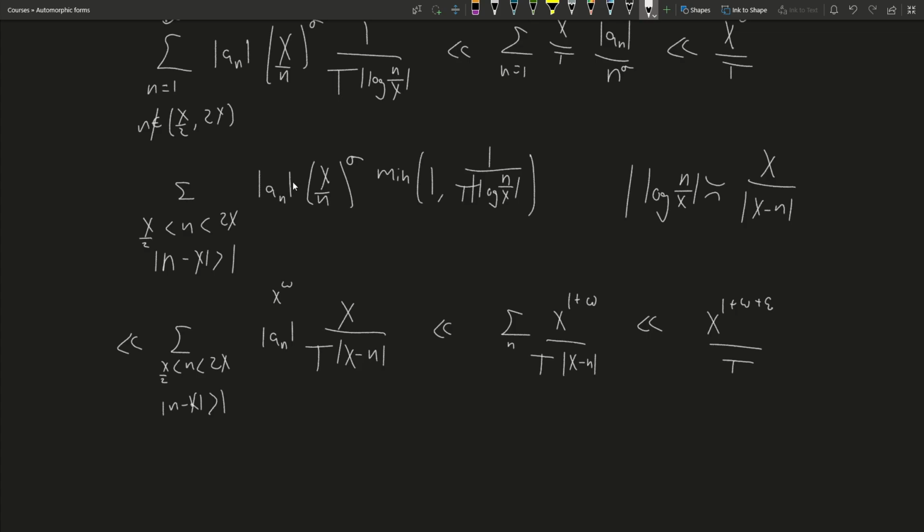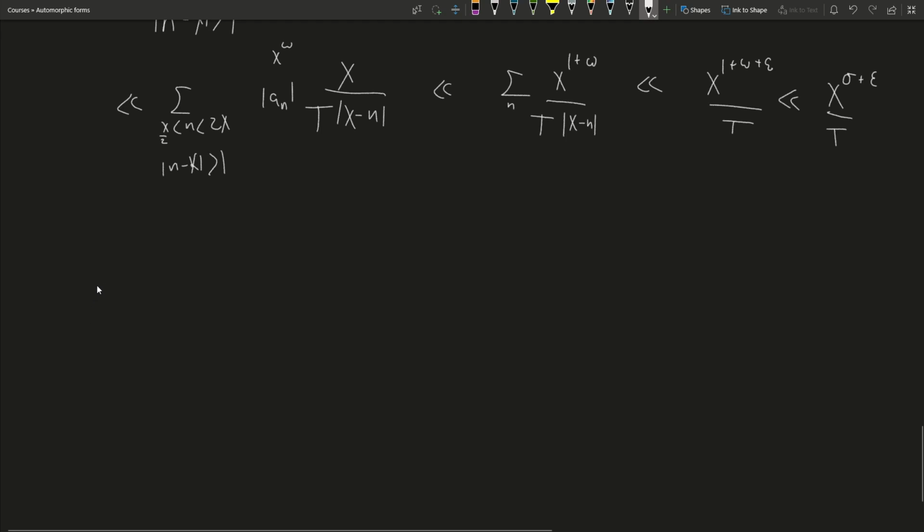This part is negligible. And then remembering how we defined sigma, we took sigma to be 1 plus omega plus epsilon, possibly for some different epsilon, but that's okay. We can just write that this is less than x to the sigma plus epsilon, to be safe, because you may not have exactly the same epsilon. I don't really remember, honestly, but you end up with an epsilon here.